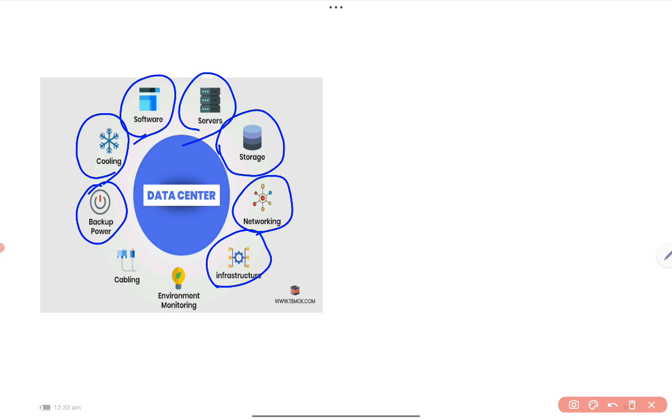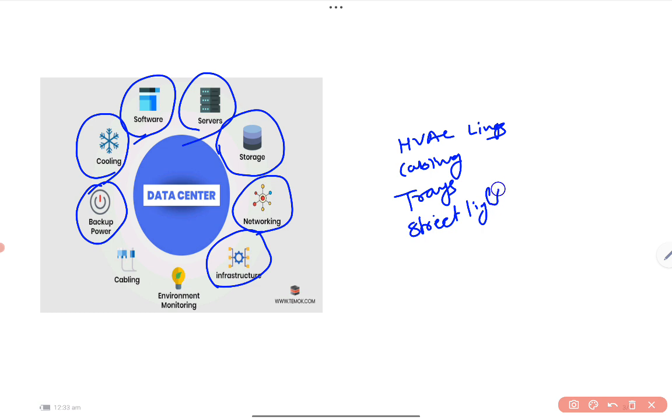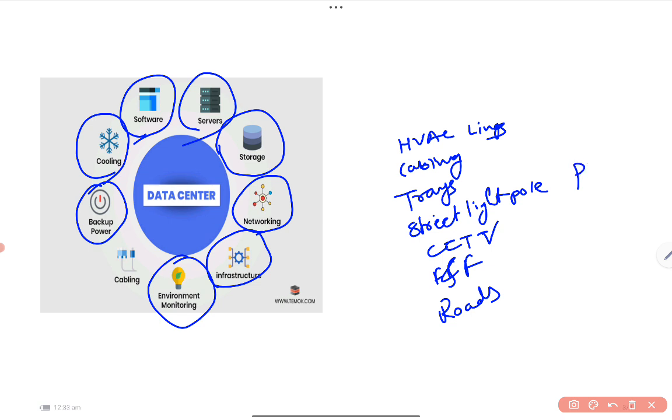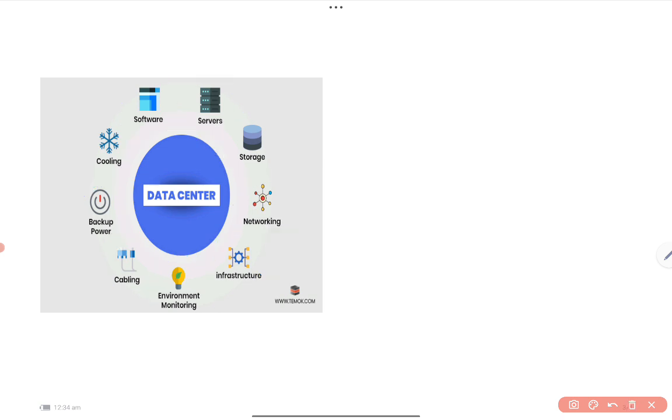In infrastructure there are HVAC pipelines, cabling trays, street light poles, external CCTV, firefighting, and roads. Then environment monitoring, pollution control, noise control, rodent control, and the VESDA early smoke detector, then cabling. To run this power we require cables. So these are the most important parts of the data center.